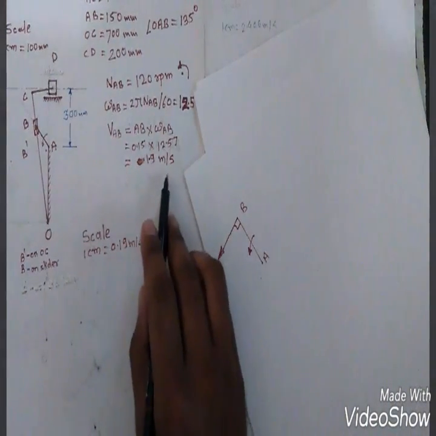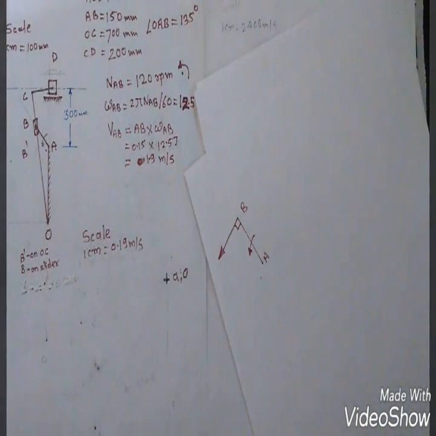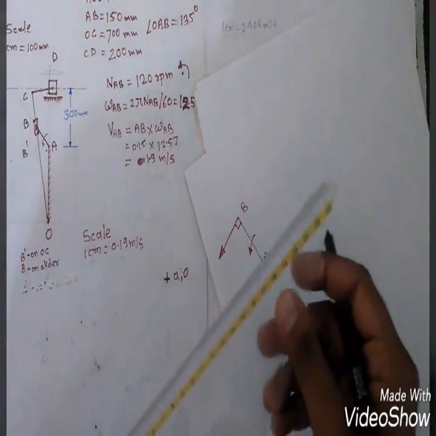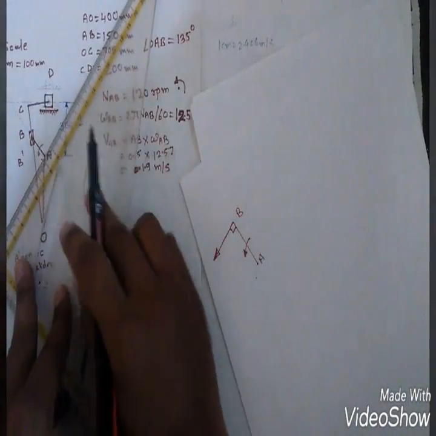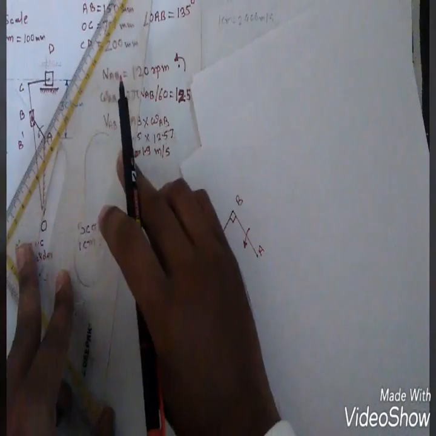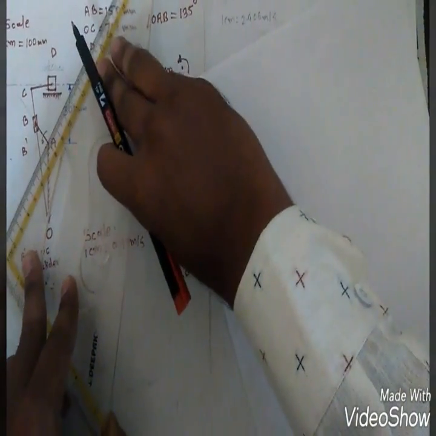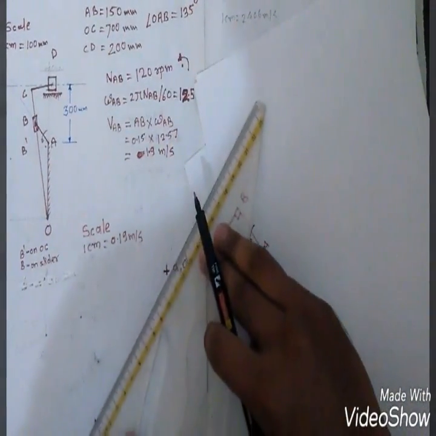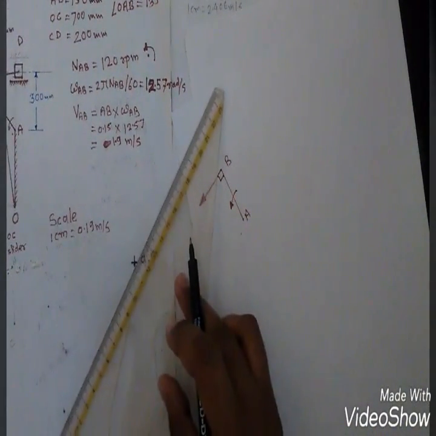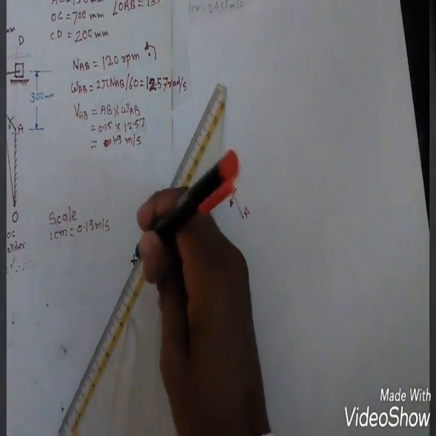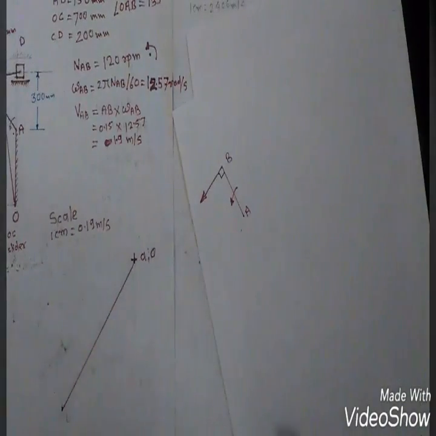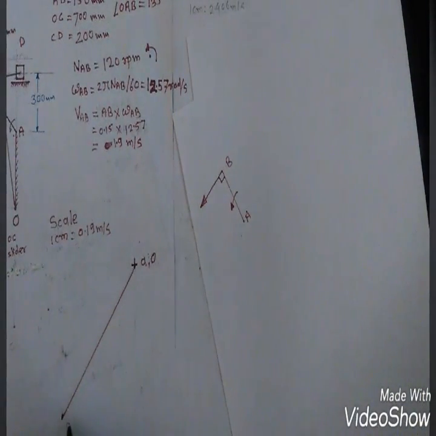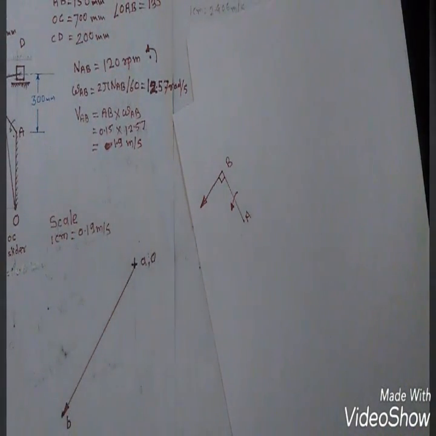Therefore 1.9 meter per second will be equal to 10 centimeter. So the first vector will be of 10 centimeter and perpendicular to link AB, passing through the fixed point. We'll name this point small b. The arrow will be in this direction.